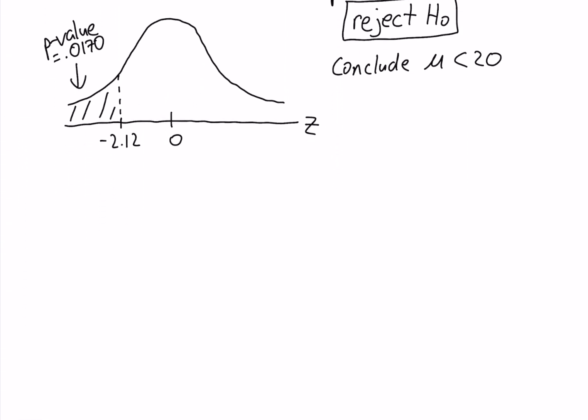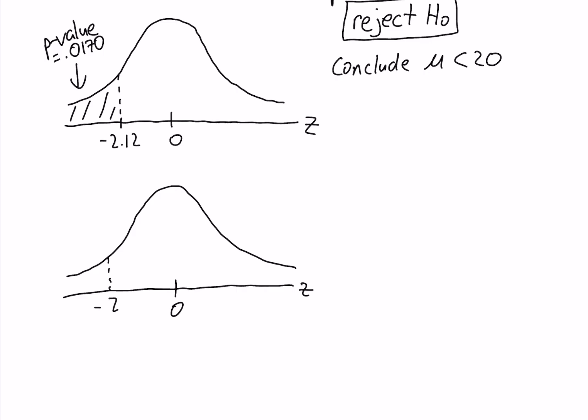So to find our critical value, we want to find the z-value that gives an area of alpha, and in our example, alpha is equal to 0.05, in the lower tail of the z-distribution.